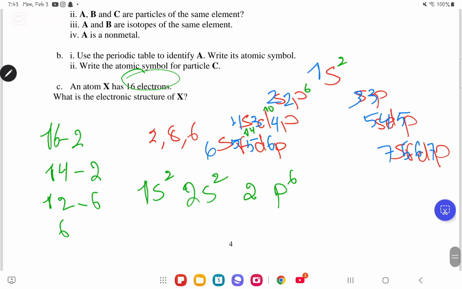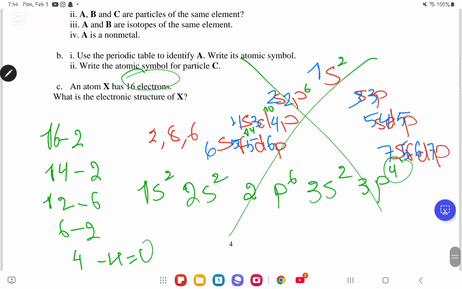Then finally 3s2, minus 2, we are left with 4, and then finally 3p4. We do not put 3p6, we put 3p4. In the course practice it is wrong, so it's 3p4. So 4 minus 4 is 0, and that's pretty much it.